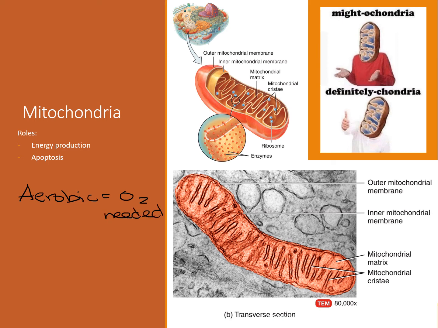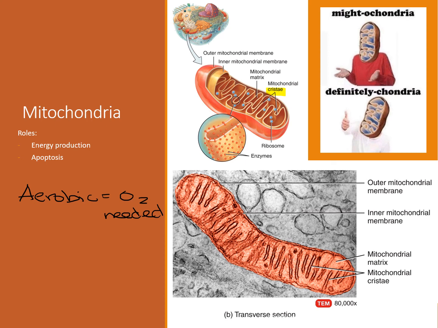So there is an outer and an inner membrane of the mitochondria. There is a small fluid-filled space between them. You have these extensive folds in the mitochondria. These are called cristae. As you can see here, mitochondrial cristae, these are what these folds are called, and they provide a really large surface area for chemical reactions that are part of that aerobic phase of cellular respiration.